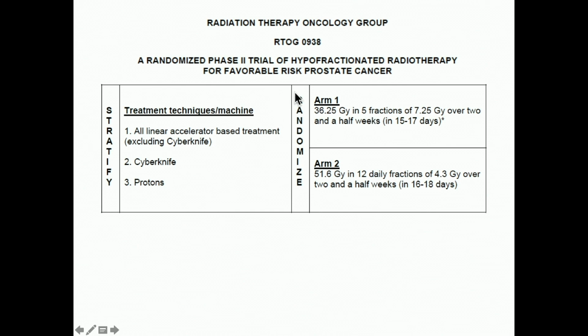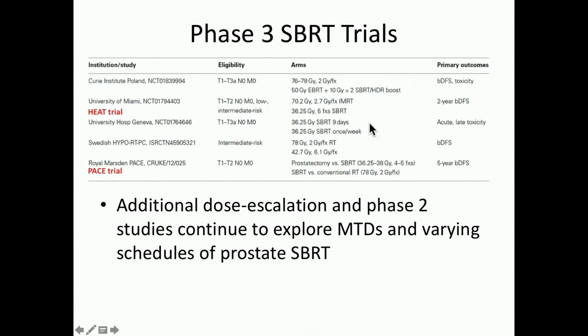This is a randomized phase 2 trial by the RTOG comparing, again, similar, not exactly the same as the PROFIT and the CHiP trial, hypofractionation for patients with low-risk disease randomized to an SBRT dose that is also modest. There are a number of international randomized trials now that are being conducted, and they are accruing patients with SBRT.